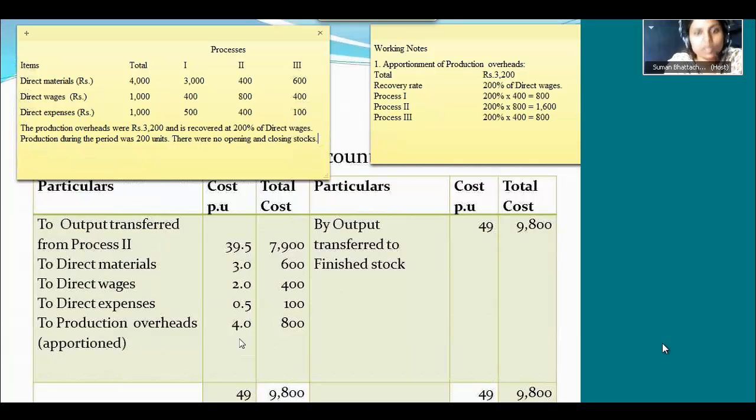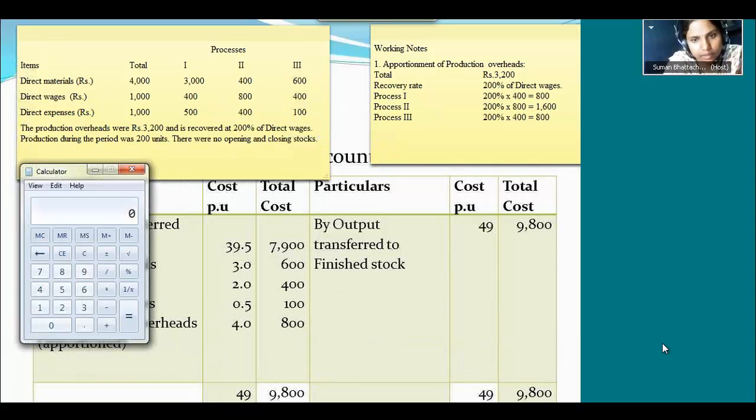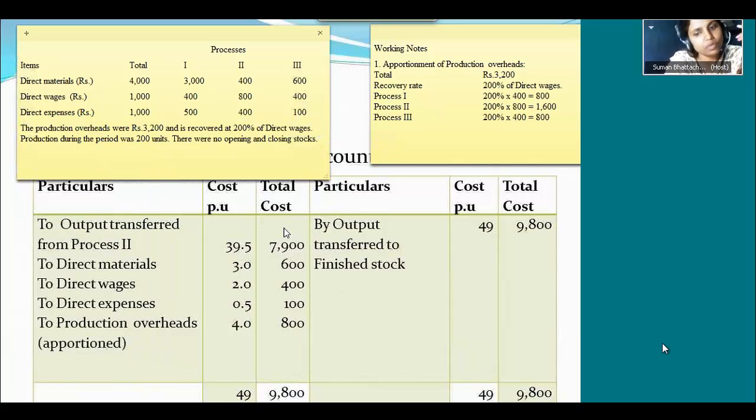So now again we have to find out the total of the debit side. First, cost per unit, 39.5 and so on. Total cost is coming 9,800. So balancing figure will be same, 49 cost per unit and total cost 9,800.